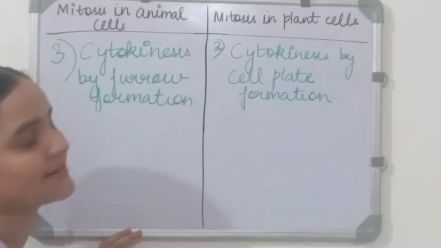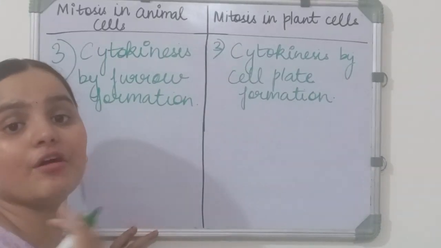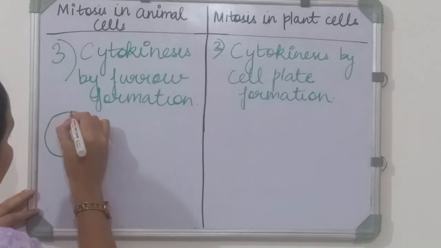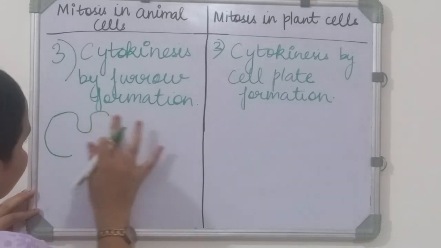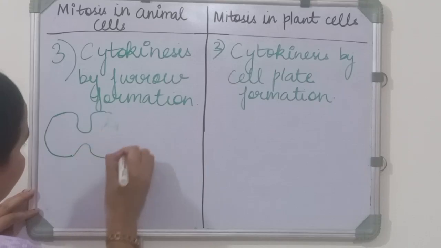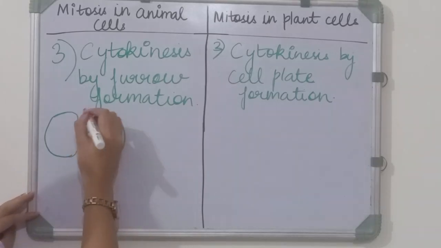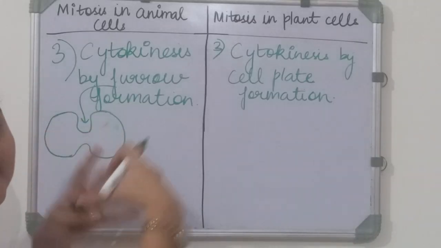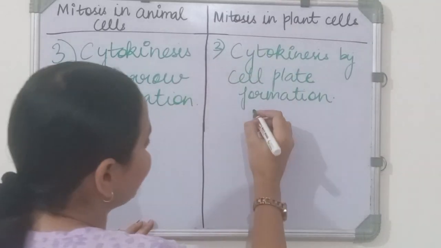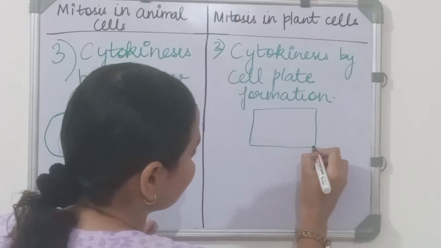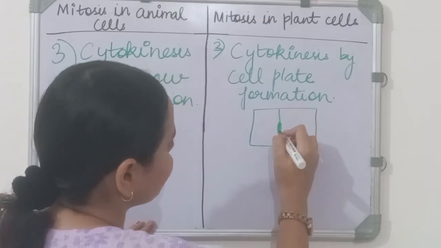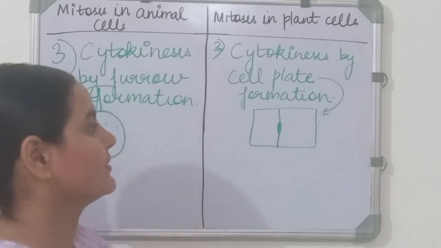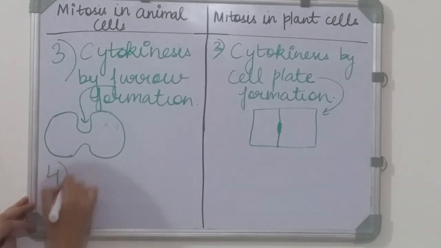What was cytokinesis? Cytokinesis was division of cytoplasm. So in case of animals, this furrow is formed, which divides the cell. And in case of plants, in the center, this cell plate is formed which divides the cell. Okay.